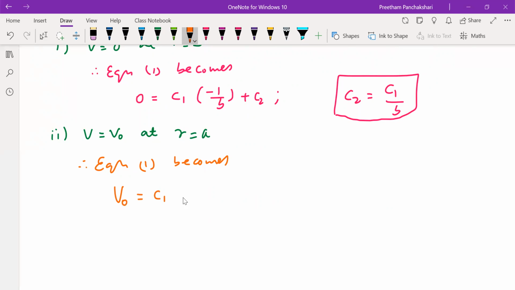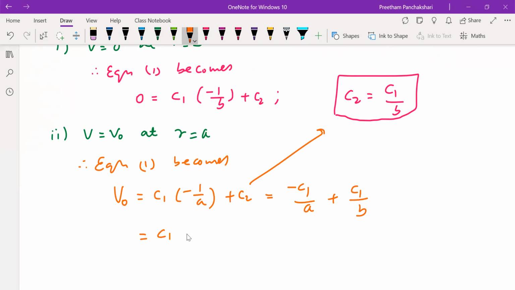The first term C1 into minus 1 by R becomes minus 1 by A, plus C2. C2 already has an expression, C1 by B, so in place of C2, I would like to write C1 by B.